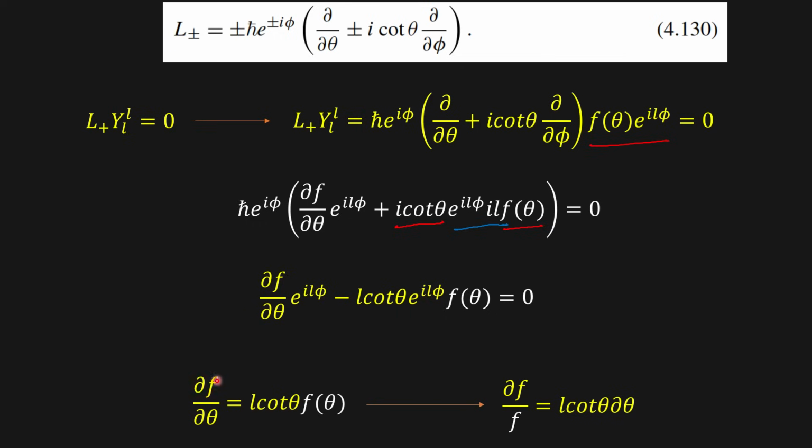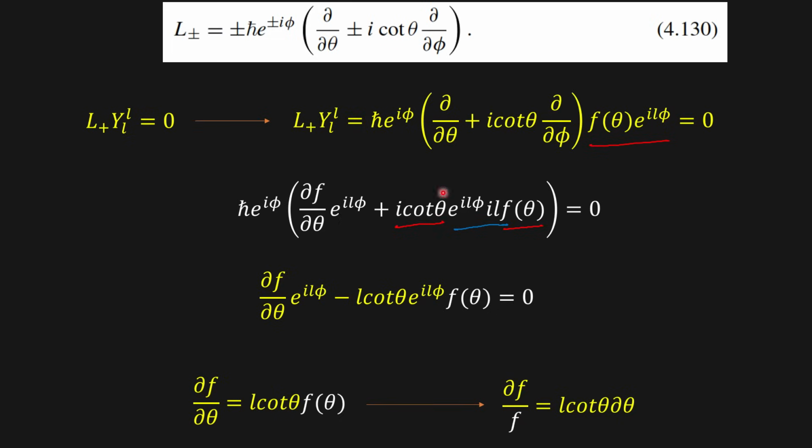This can be written as delta f over delta theta is equal to, because I am bringing this to the other side, L cot theta f of theta. Now you bring f of theta to the left hand side and delta theta to the right hand side. Then this will become delta f over f, which is equal to L cot theta delta theta.